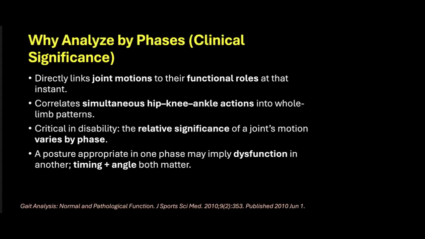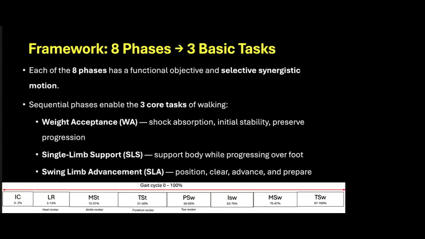What those terms are, we will see as the lecture proceeds. Analyzing gait by the phases directly links joint motions to their functional roles at that particular instant. It helps us correlate simultaneous hip, knee, ankle motions into whole limb patterns, and that's why we have an easier way to assess the position of all the joints at a particular stage in the gait.